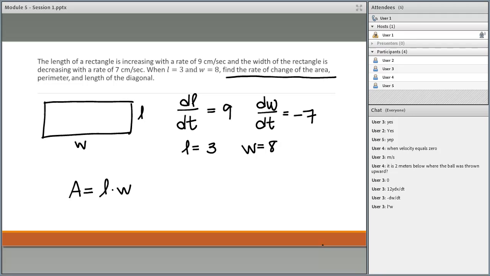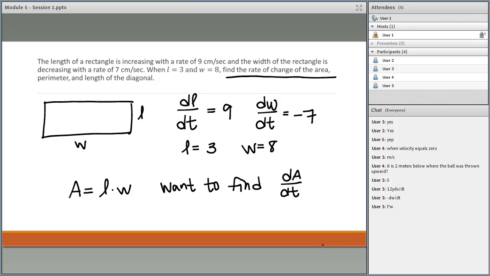We're trying to find the rate of change of the area. So basically, how is the area changing as the length and the width are changing? How's the area changing? So variable-wise, what would that be? We want to find dA/dt, how the area is changing with respect to time.